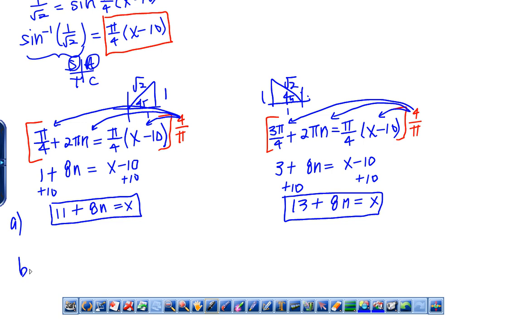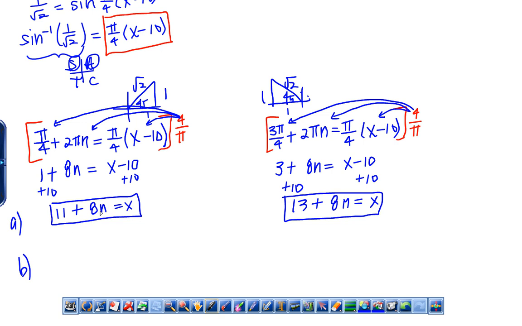Okay, because my n is smaller than just my value here, I'm going to try to plug in some different numbers here. I know I can plug in 0 to get 11 and 13. But can I plug in anything smaller than that? Because this is smaller. If I plug in a -1, can I do that? If I plug in a -1, I will get values smaller, and that works.